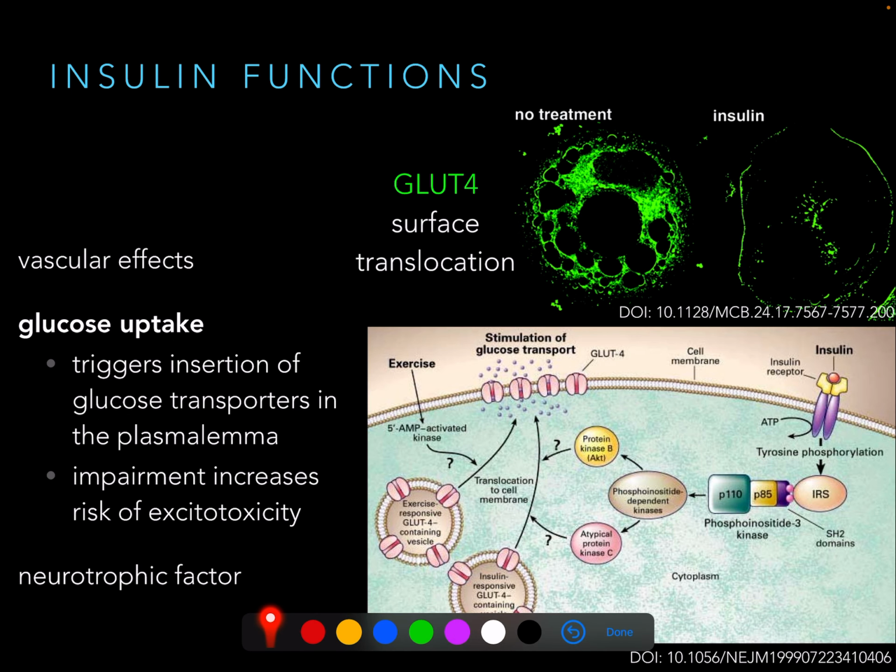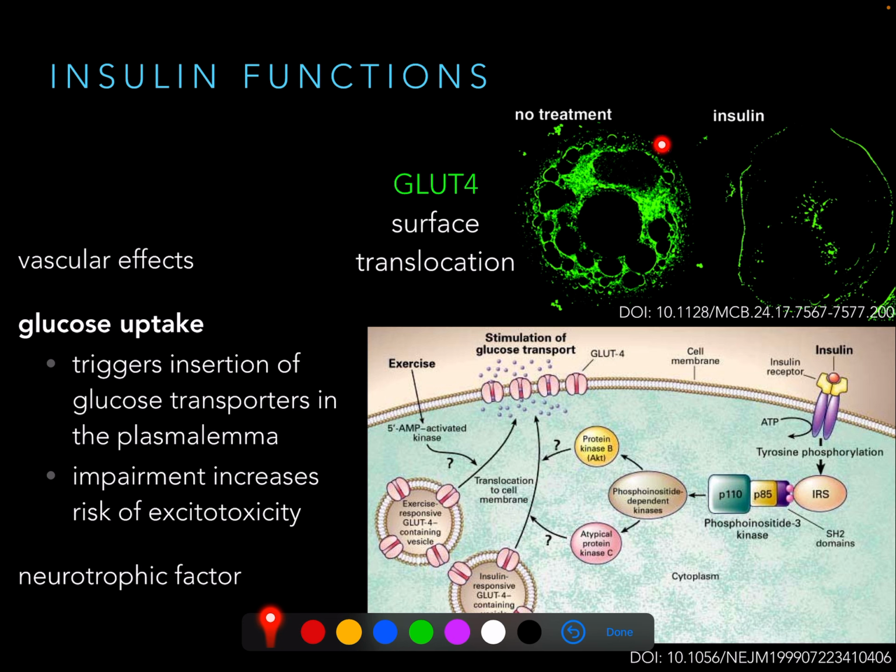Now, classically, insulin is there to help us take up glucose, and that is absolutely what it does. So here's a cell. There's the surface of it. Most of the green glucose transporters are on the inside. Hit it with some insulin, and look. Now, largely what we're seeing is the membrane filled up with glucose transporters.